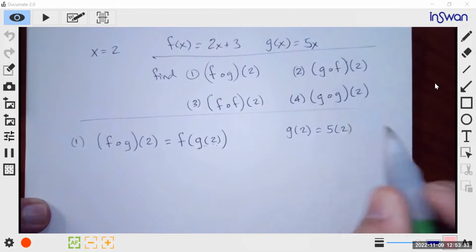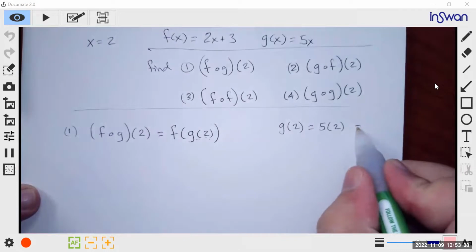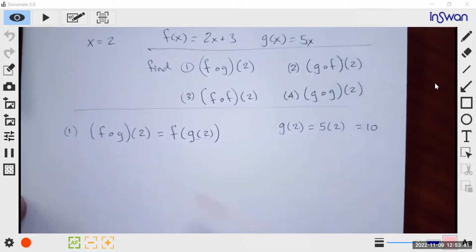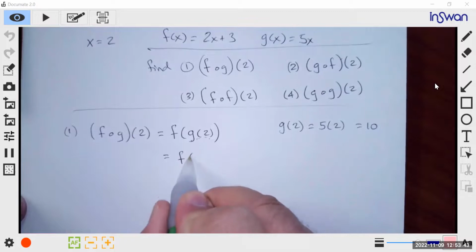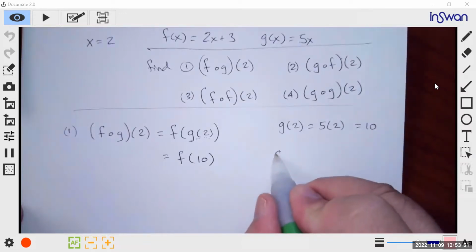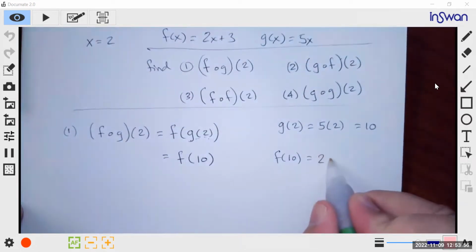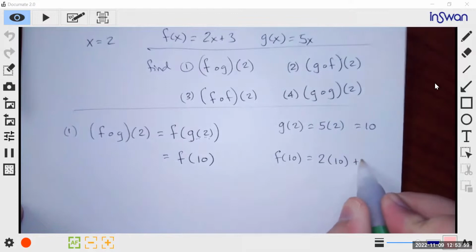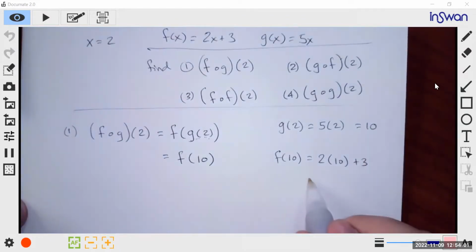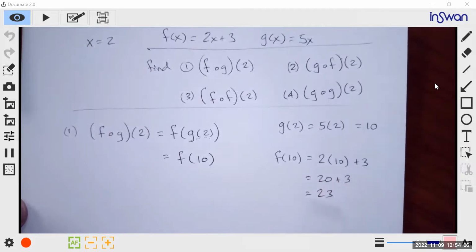Since g of x is 5 times x, in place of x I put a 2. So that means it's 10. So my input is 10. And the function f of x is 2x plus 3, so anywhere I see an x, I put a 10. So this answer is 23.